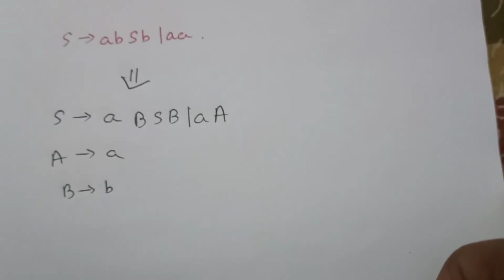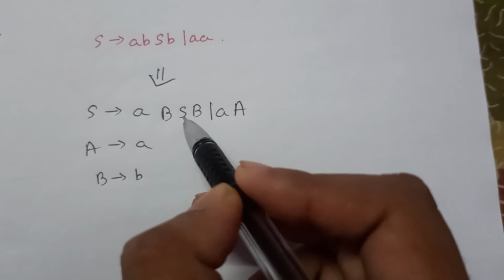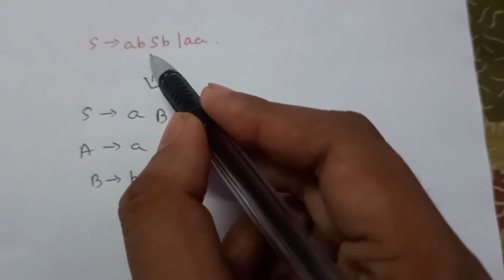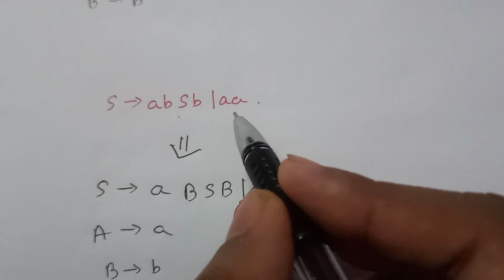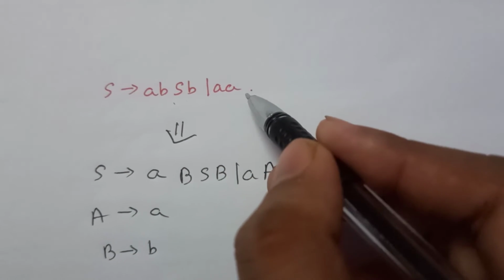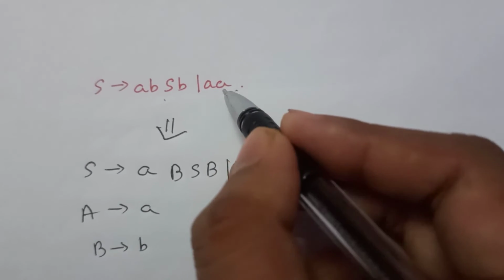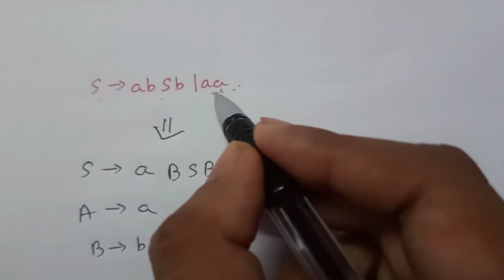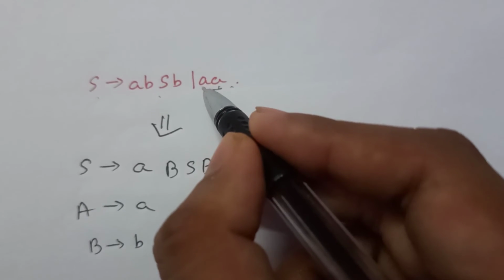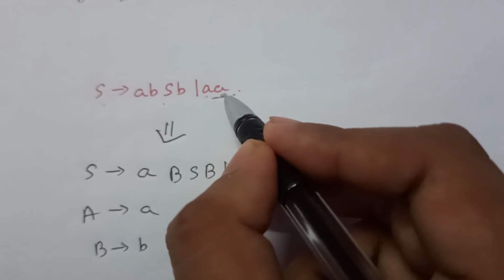Now check another example, and I will try to do it right here. Suppose it is S to AB, S to A B S B, and A to a. This is the question. Now we will first convert this small a. There can be one terminal allowed, but the other terminals I need to convert to variables.